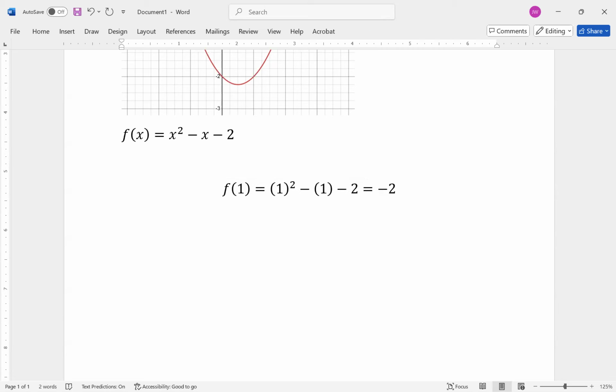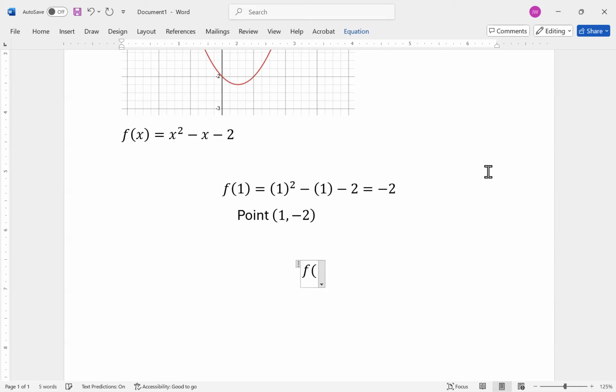Therefore, I know my function goes through the point 1 comma -2. You can do that for any other values as well.